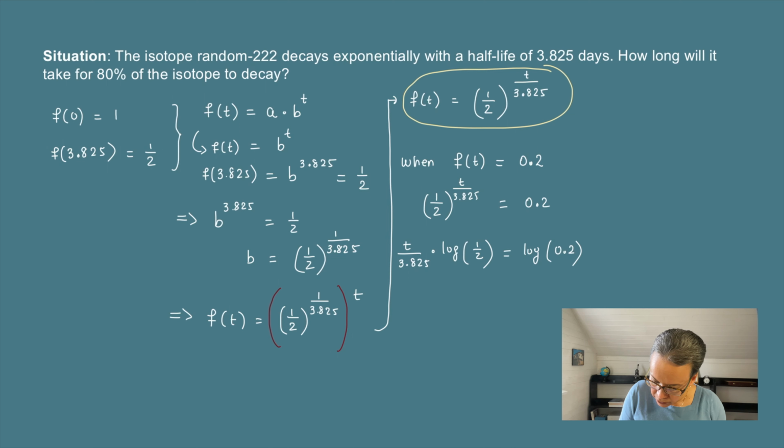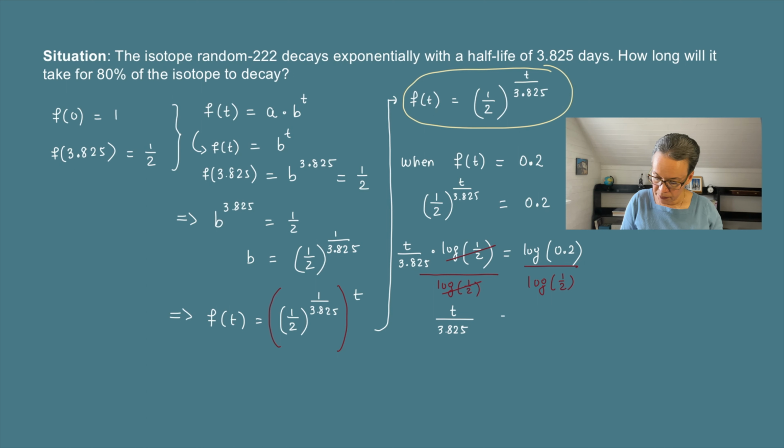Now we divide both sides by the log of 1/2 in order to start isolating. The logs cancel on the left, and on the right we have the log of 0.2 over the log of 1/2.